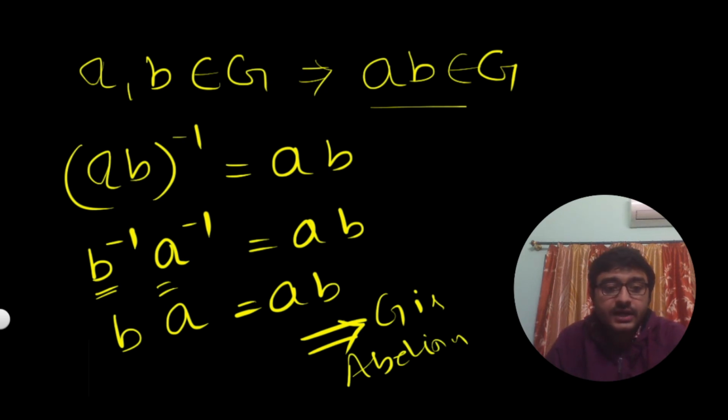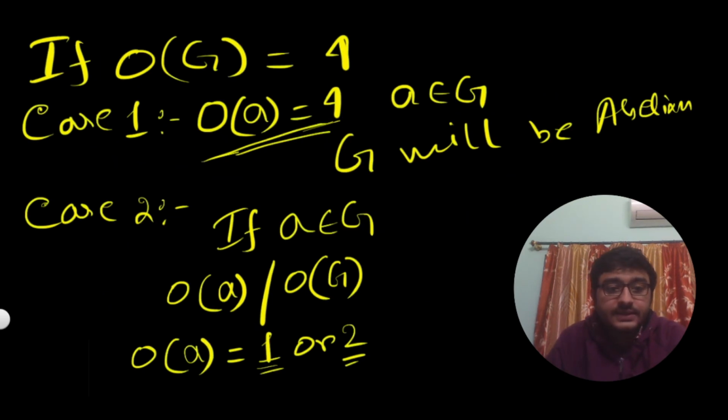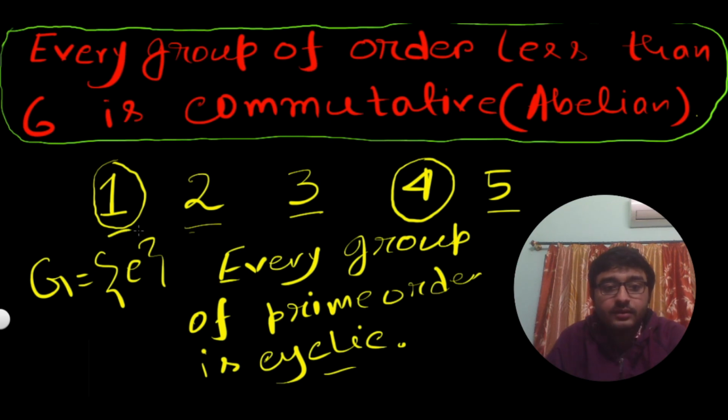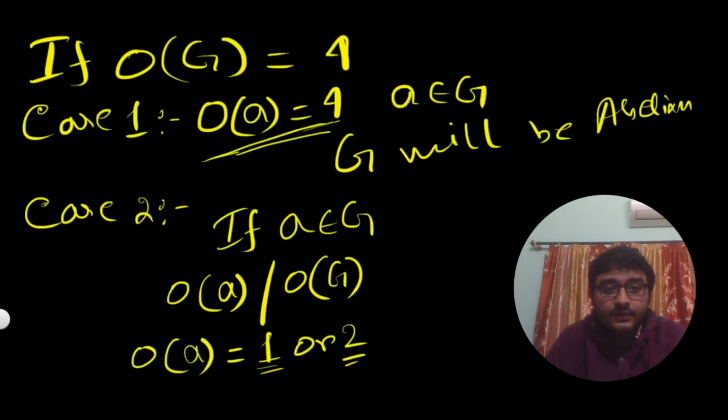So we can see that we started with 1, then we proved for 2, 3 and 5, and then we solved the problem for 4. So if the order of the group is 4, you can see first case 1: if we have an element of order 4, then the group is automatically abelian, and if we do not have an element of order 4, then we proceed this way: the order of A will divide the order of G. So the order of A will be 1 or 2.